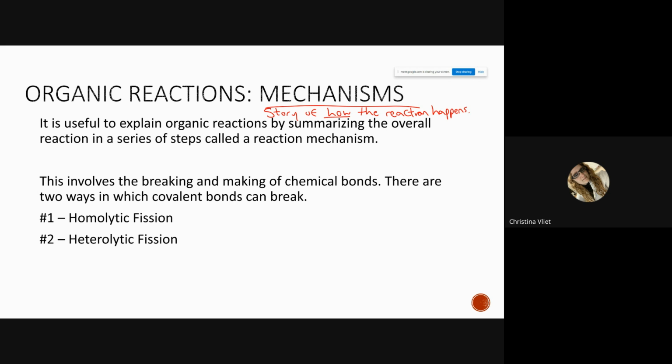In order to be able to go over how to get from reactants to products, you're going to have to learn two types of bond breaking. There are two ways in which chemical bonds can break. Today we're going to go over homolytic. And next class we're going to be going over heterolytic more.